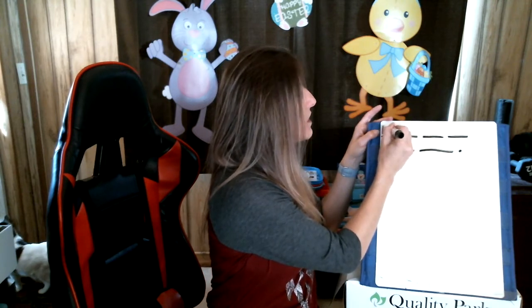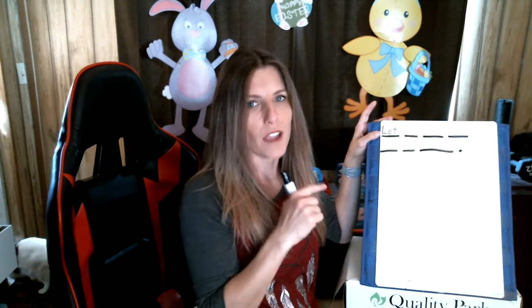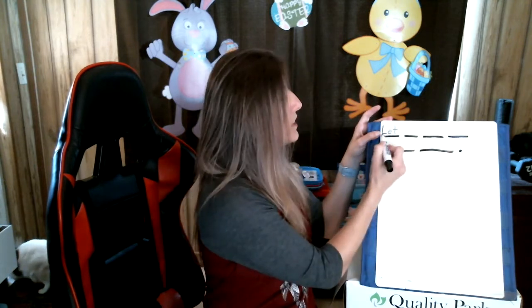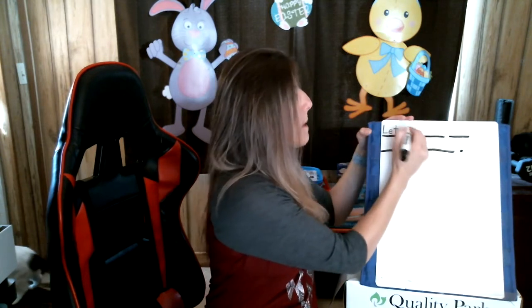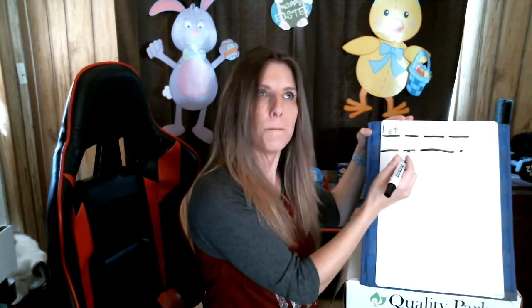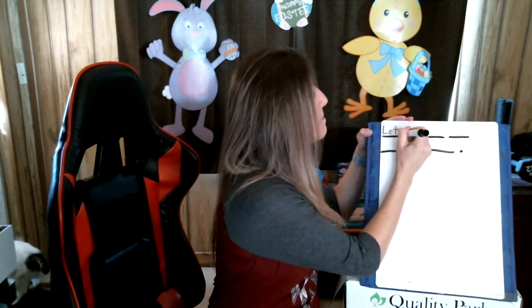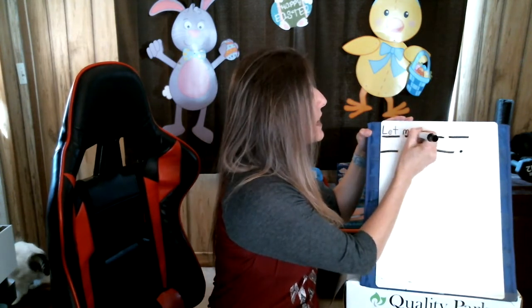Let. Remember, you sound it out and you write what you hear. So I heard L. Let me. That's one of my sight words. I should know how to spell that. E kind of tells you. Me.